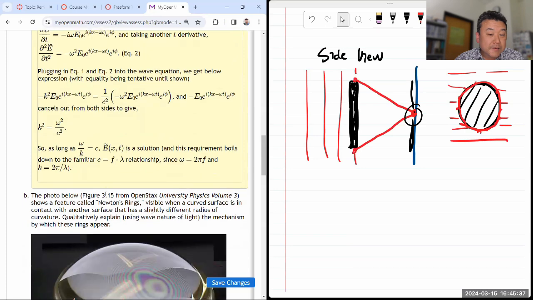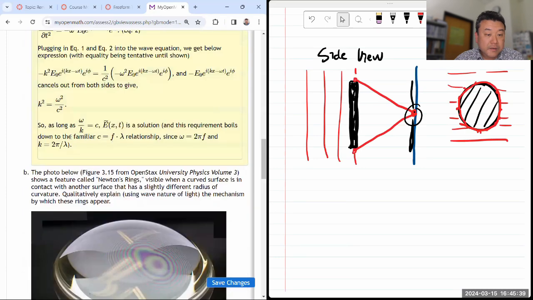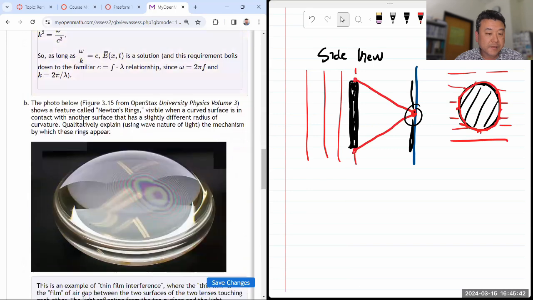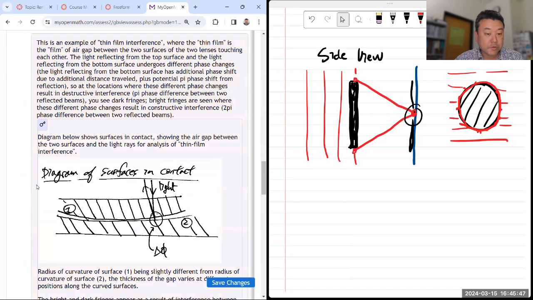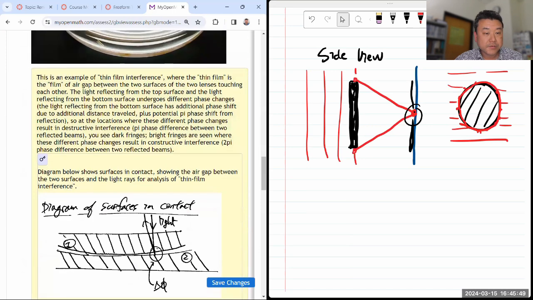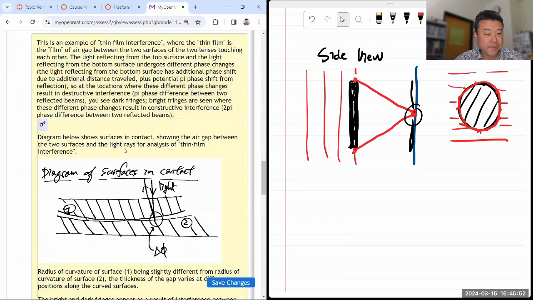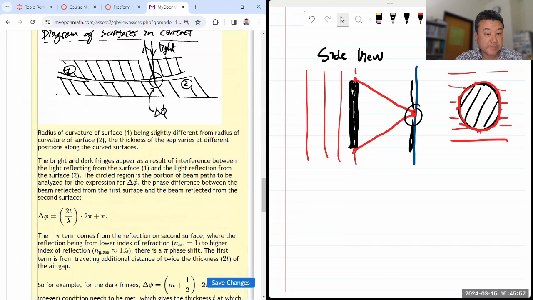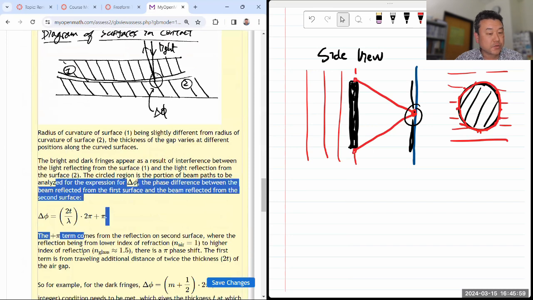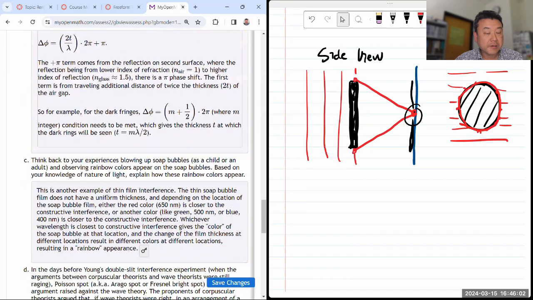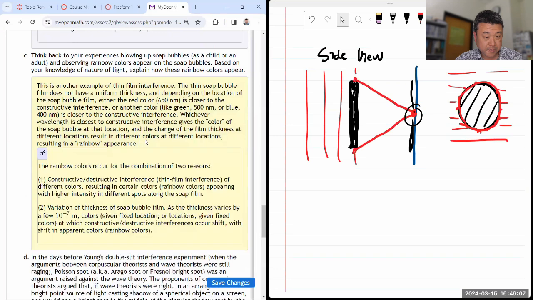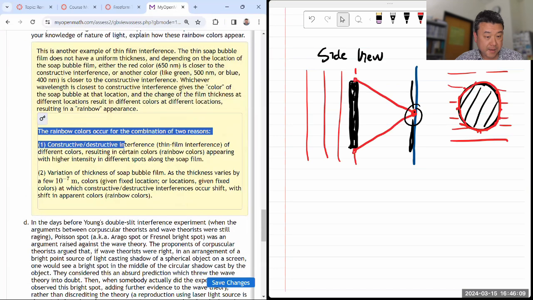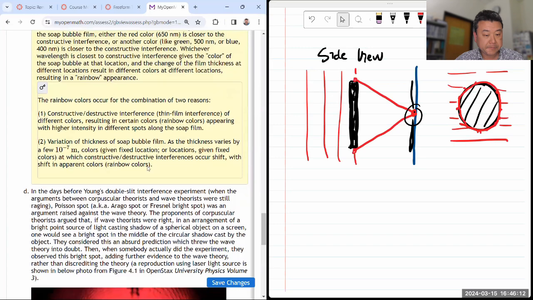Yeah, that's it. The model answers are more detailed, because I was typing, I didn't draw. I think it's fine. Air gap, thin film interference, and it has more detail, which you could put in but is unnecessary. It's a semi open-ended question. Here, colors, and variation in thickness.